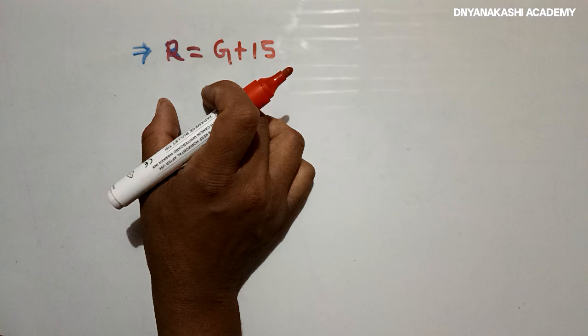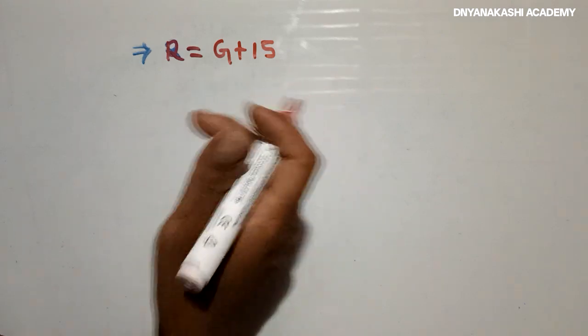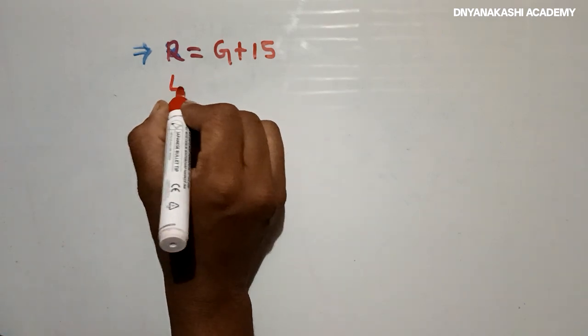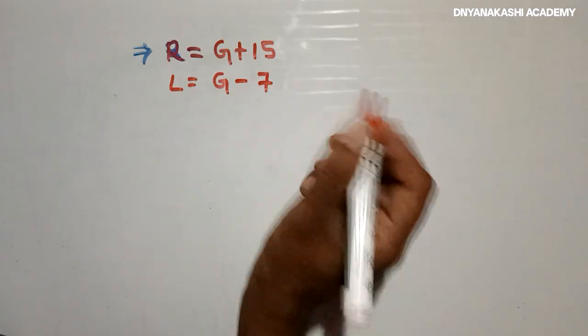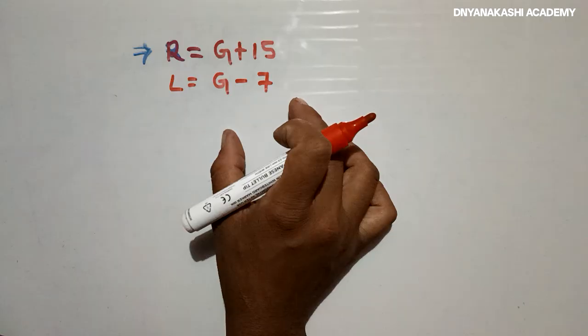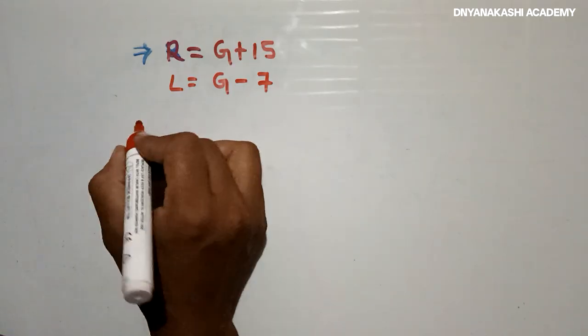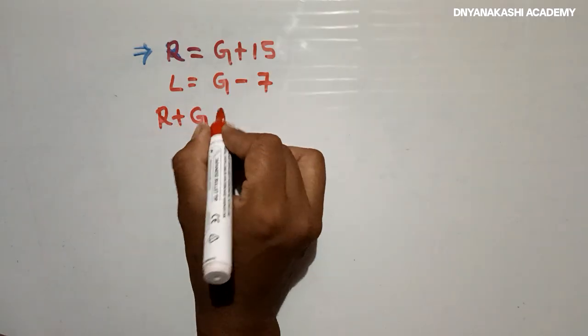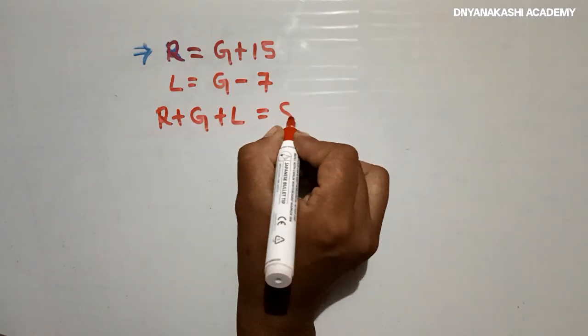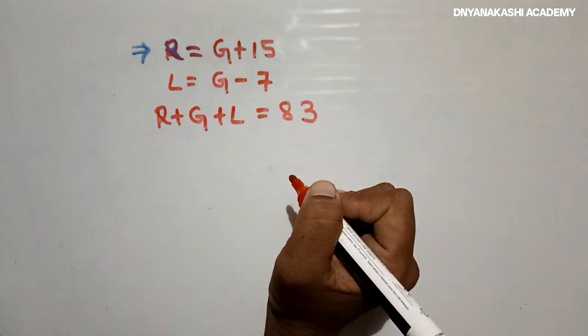Ramesh's score is Gurudas plus 15. Next, Leela scored 7 less than Gurudas. This is the given data in the question. And also, Ramesh plus Gurudas plus Leela total score is 83.